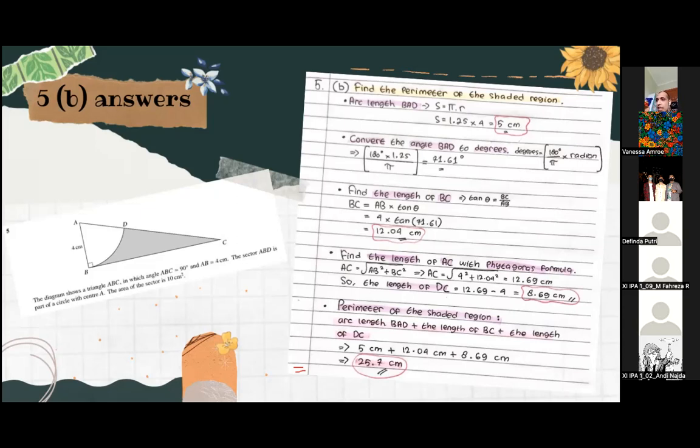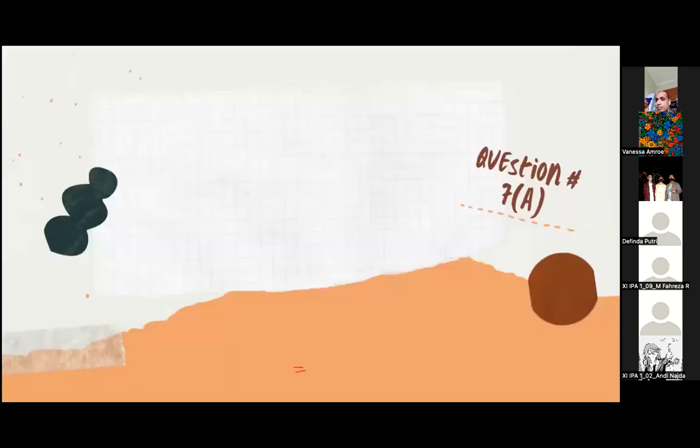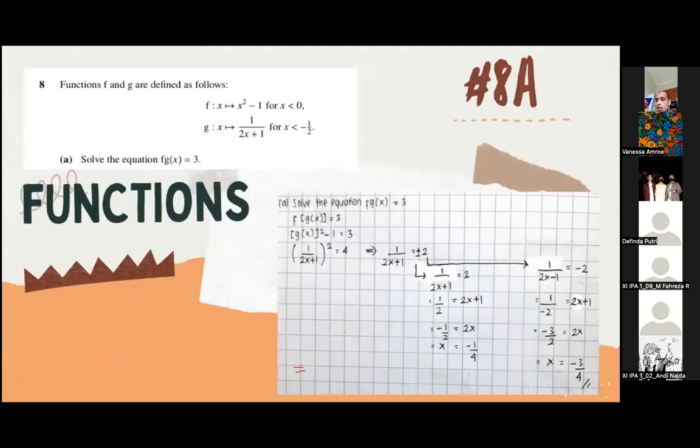Okay, and then number 8, part A. Yeah, there is some confusion for the sign.